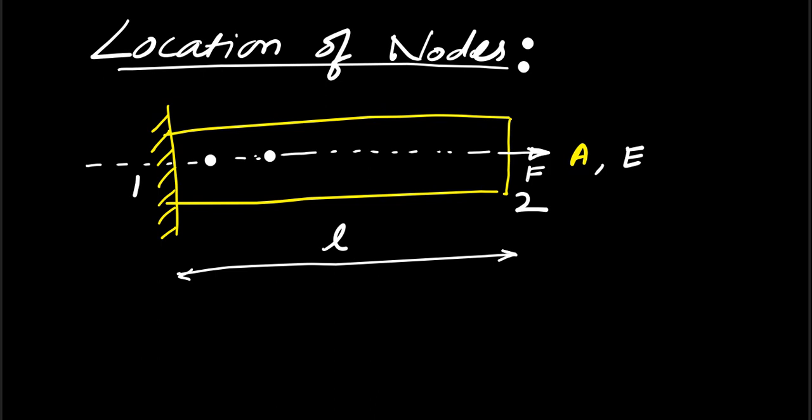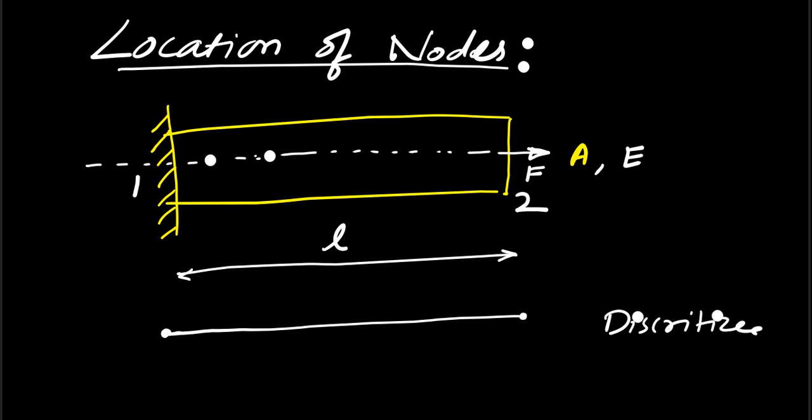If you make it into the line diagram or discretized form, the same object we made into a discretized element. So for this fixed end, it's node 1, and the other end is free.